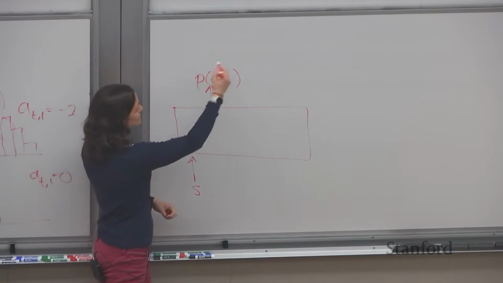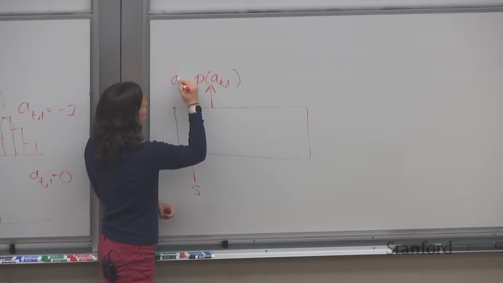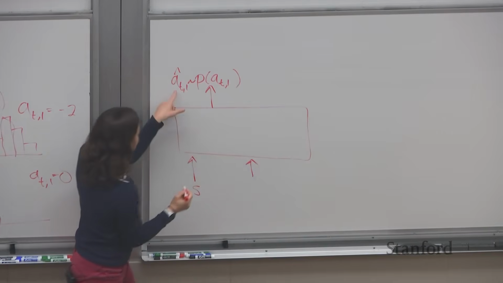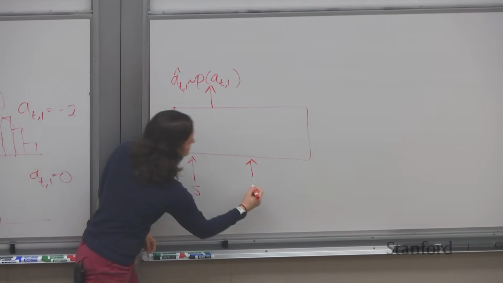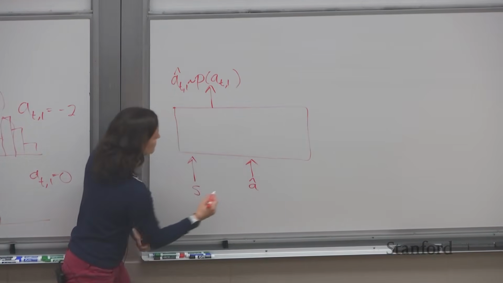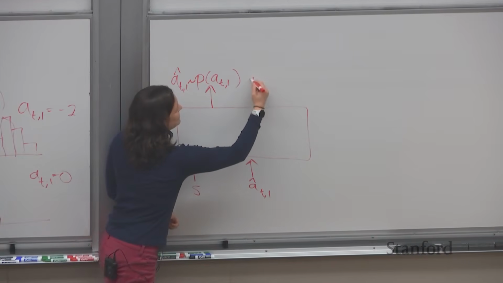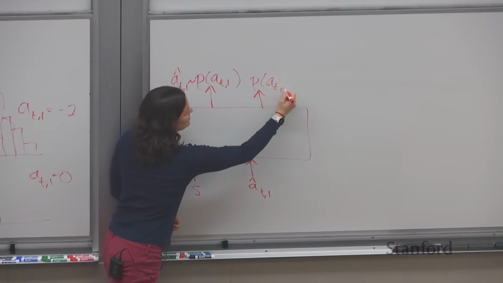Then you would sample from this distribution, and then you'll pass this sampled action, or your chosen steering command, back into your model, and then output the distribution over the next action.